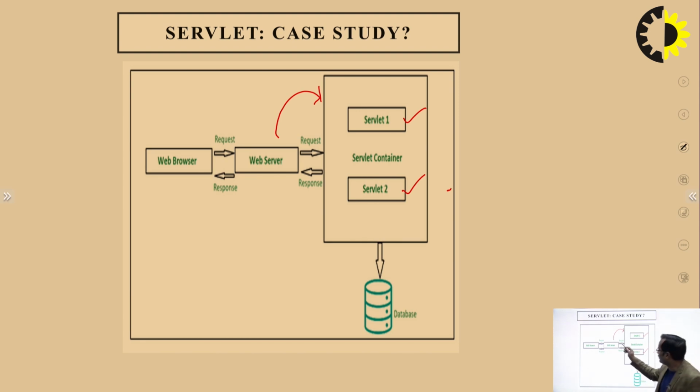The work of the web server is to receive the request coming from the web browser, and then transfer this request to the appropriate programs running on the server side, right? And this servlet may then access the relational databases according to requirement to create the dynamic web content, right?